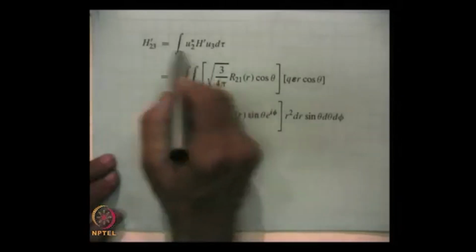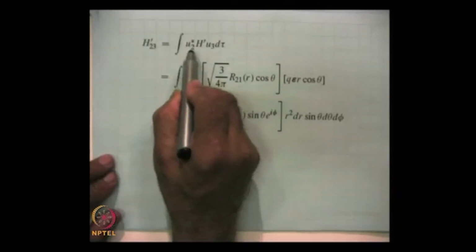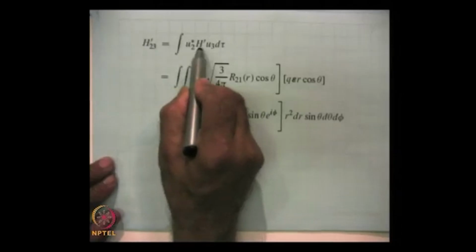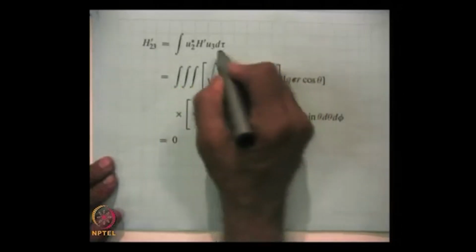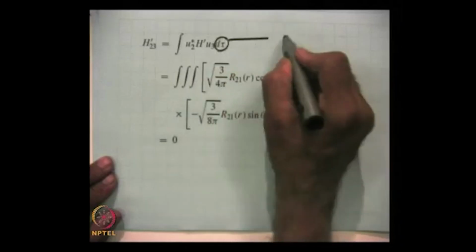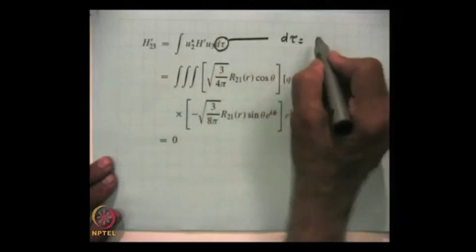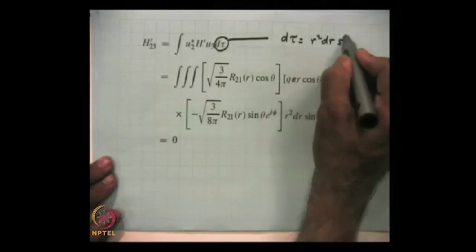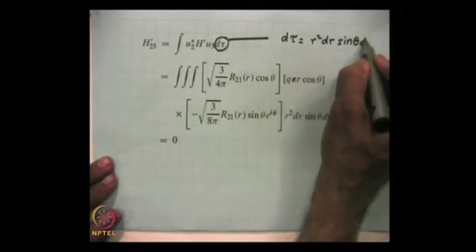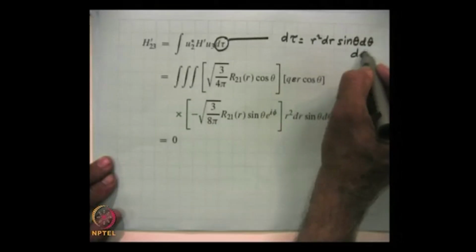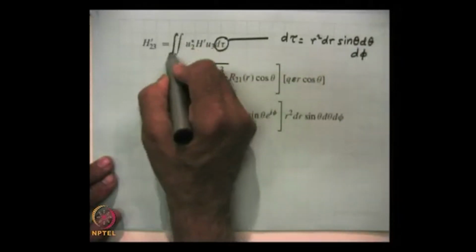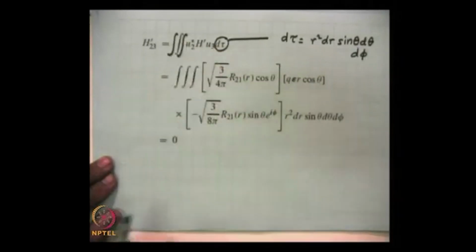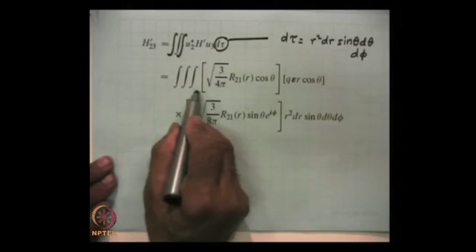So, H prime 2 3 is the integral of U2 star H prime U3 d tau, and what is d tau? This d tau is r square dr sin theta d theta d phi, and this is actually a triple integral as I have shown here.